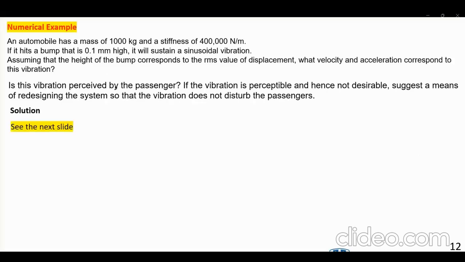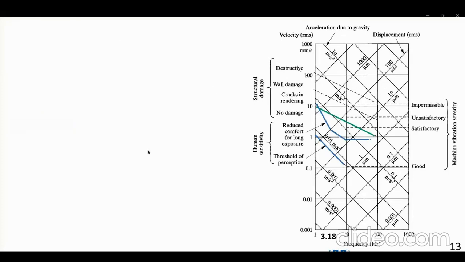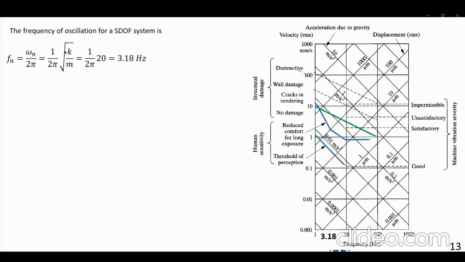The first thing that you realize is that this graph is reproduced here because we have to use this human sensitivity region. First of all, you're told that we are dealing with a single degree of freedom, because this whole concept of the nomograph and this tripartite plot is based on a single degree of freedom assumption.